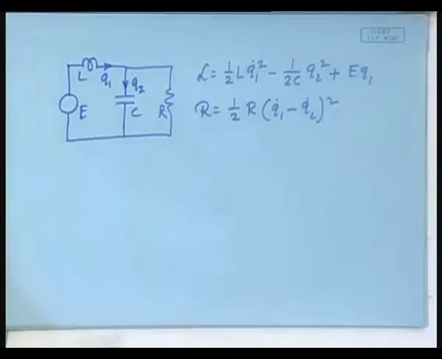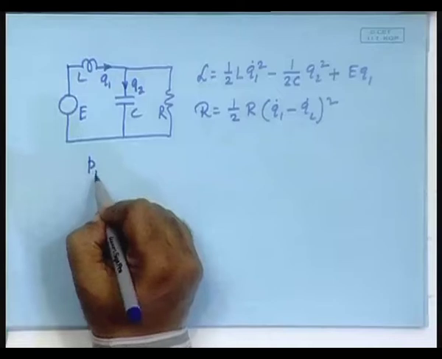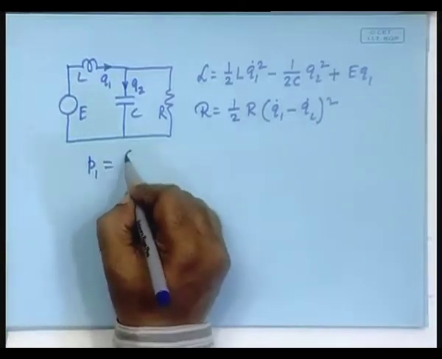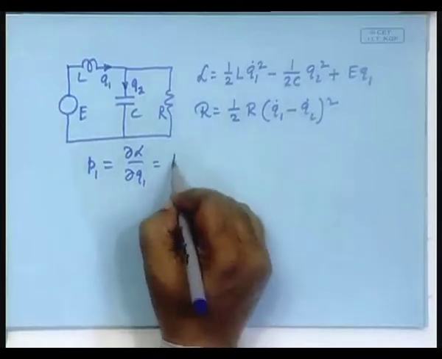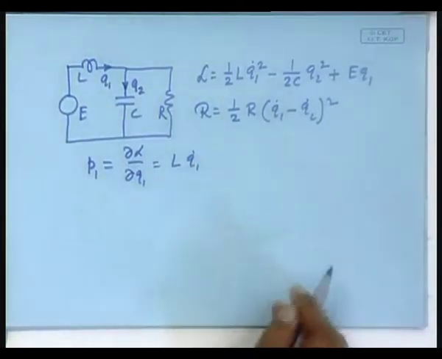Fine. Now, therefore, P1 is the derivative of the Lagrangian with respect to q1 dot, it will be L q1 dot, no problem.